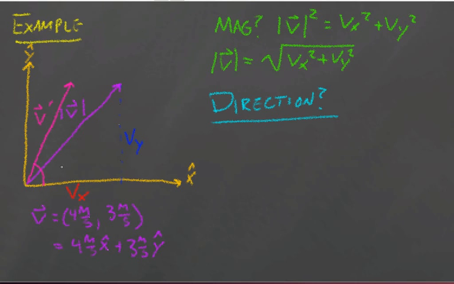And so you notice that the angle that we make is different. Right, and this angle is the direction of the vector. Okay, similarly, I could keep x the same and cut y in half, right? And so we'll have v double prime, and now again, this one has a third angle that's different. So by changing the x and y components, we see that we can change both the magnitude and the direction of the vector.